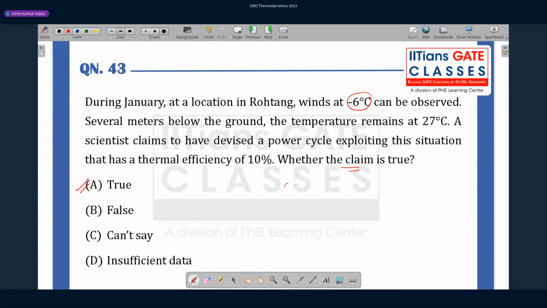Simply because actual efficiency is less than Carnot efficiency. So the device is possible. If actual efficiency is greater than Carnot, then the device is not possible. Okay, I hope it is clear. Got it? Let's move ahead.